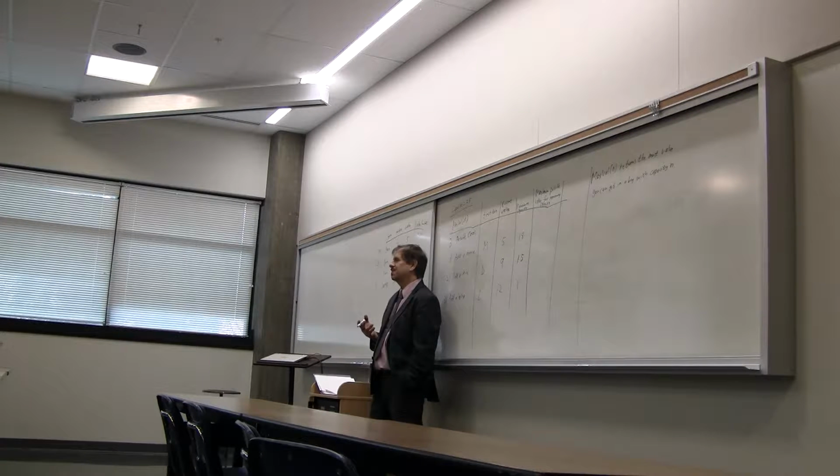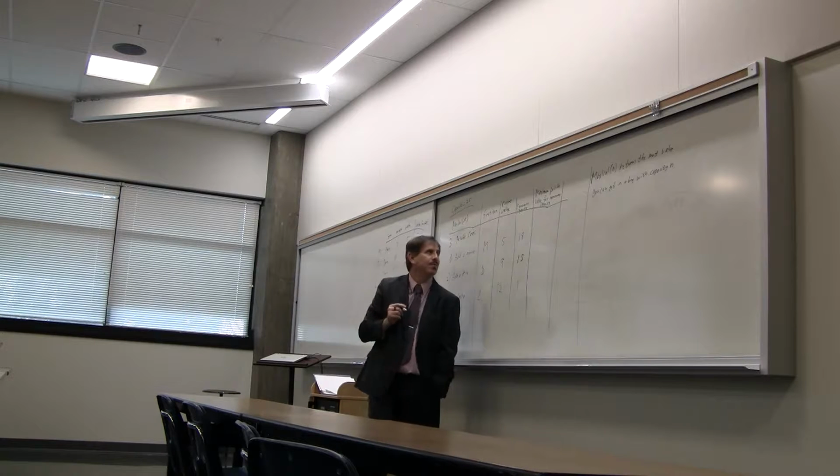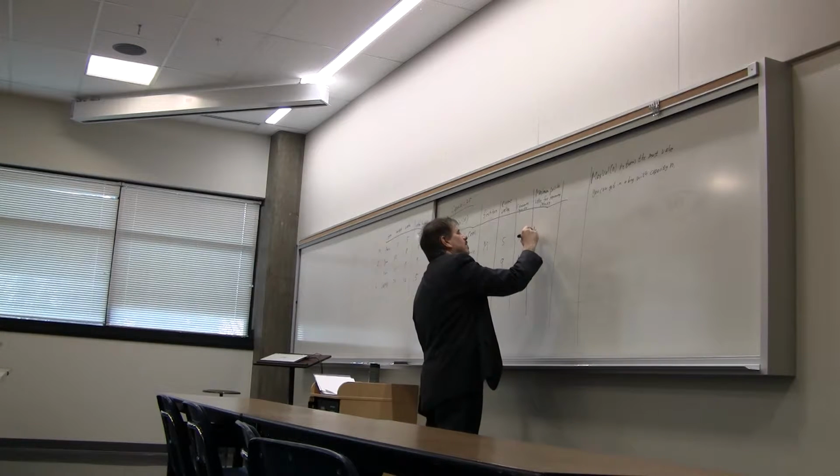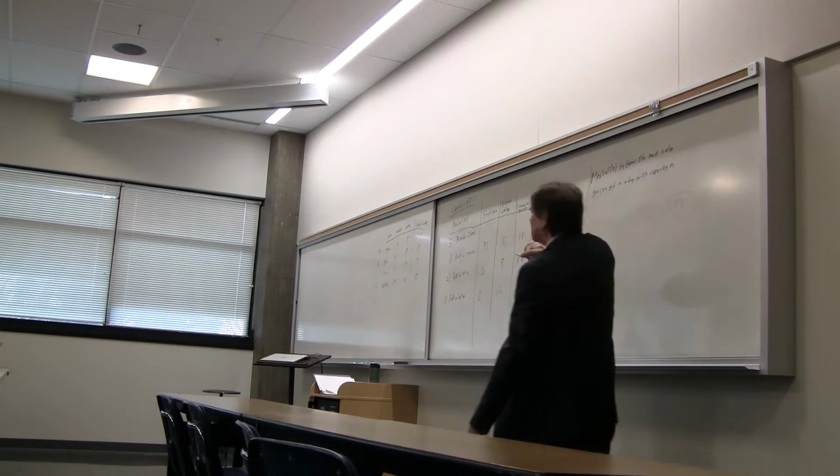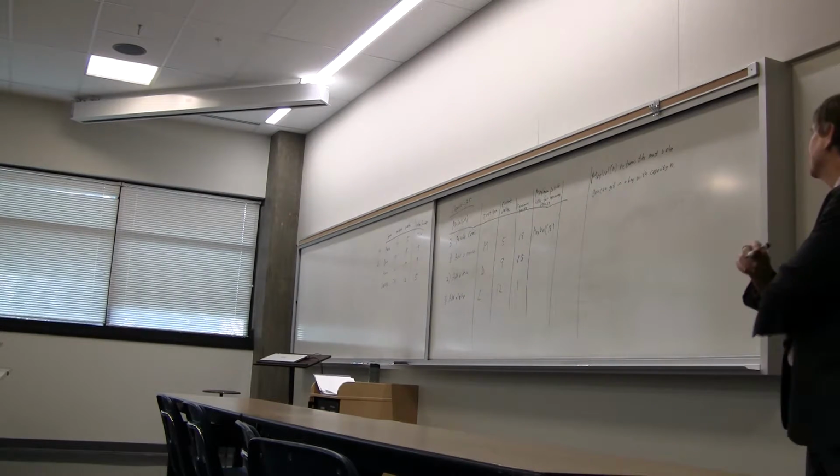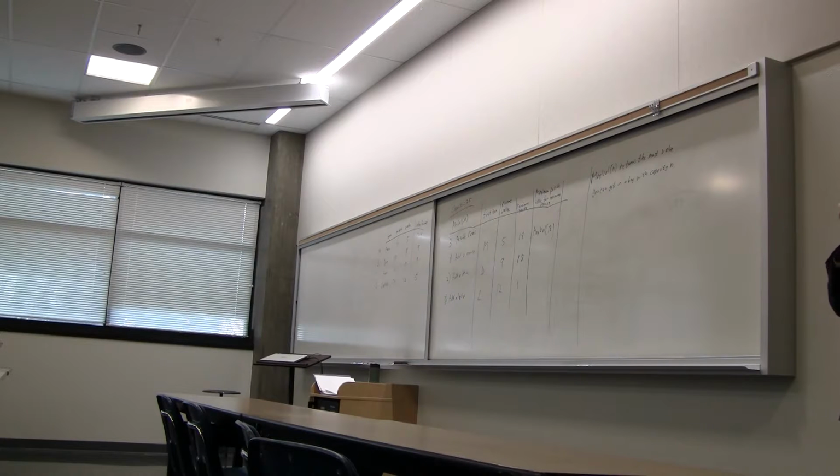What can we write for the max val of 18 pounds? That was a hint. Max val of 18. Assuming we have this fictitious max val function, this is what it does. It tells us the most value we can get for a bag with a certain capacity.